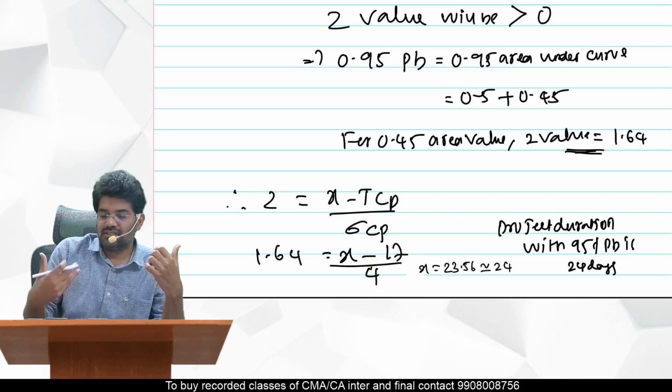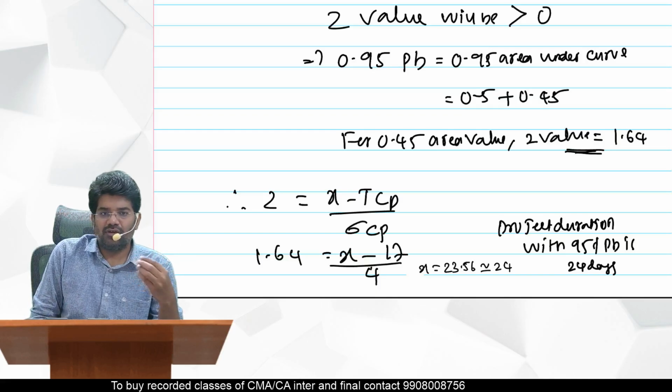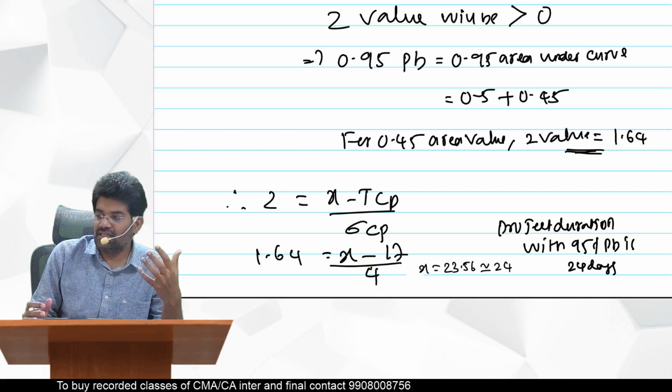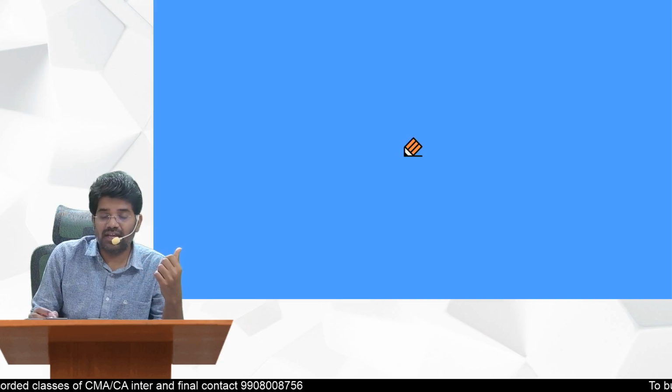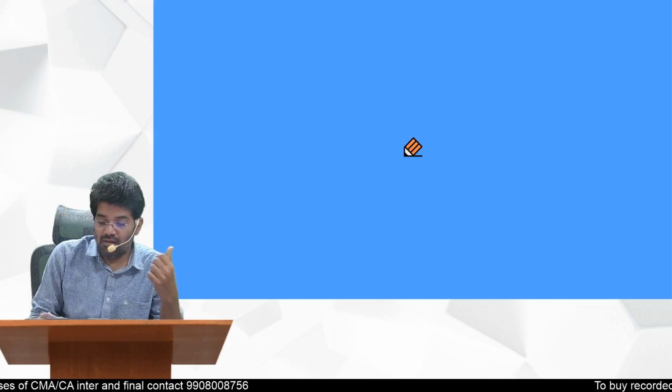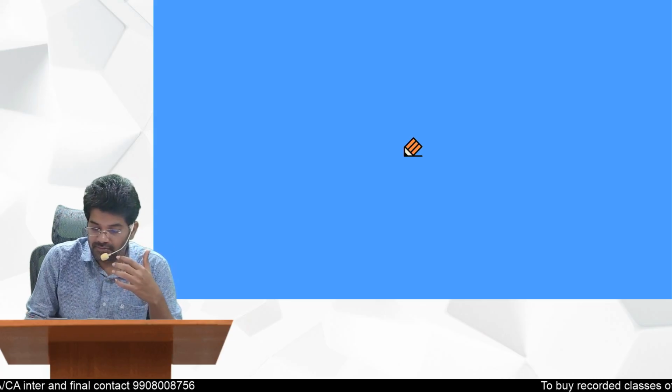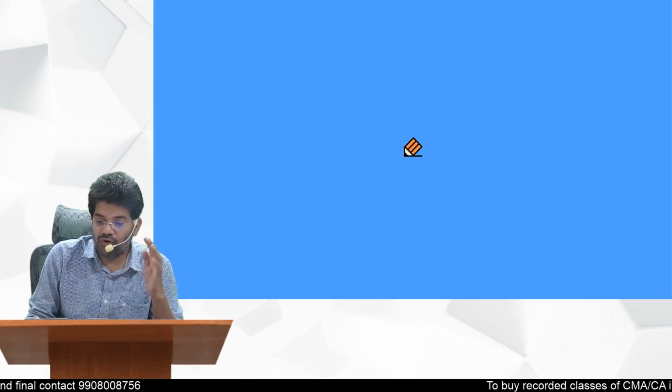Since I am giving you full concepts, I will try to explain this Z value. How many tables did I tell you? 4 tables, you will find, normal distribution tables.